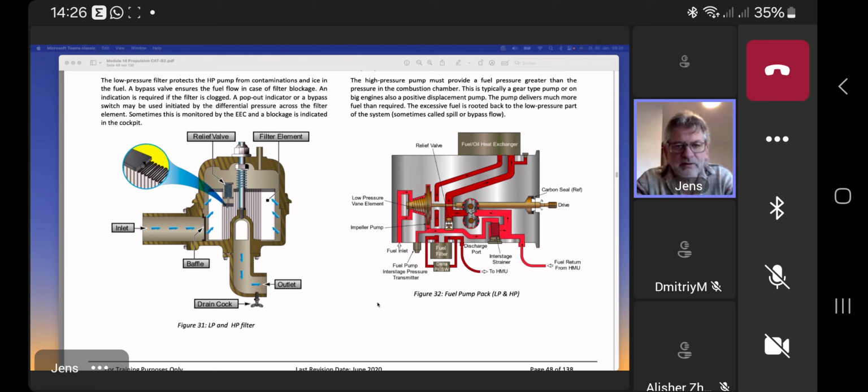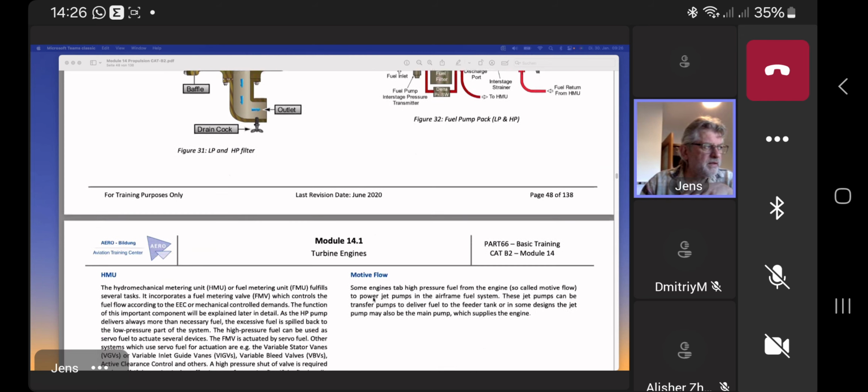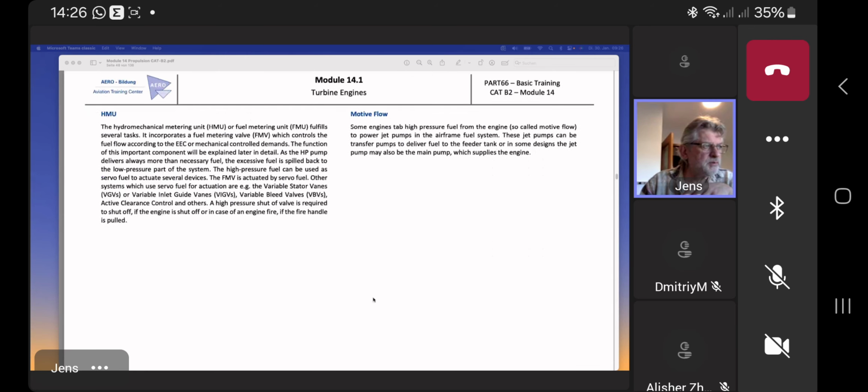Because if the pressure difference rises very high, it's an indication that you have a blocked filter. Well, this shouldn't be that important for us. HMU has many names, depending on the constructor or the designer, but it's all the same.